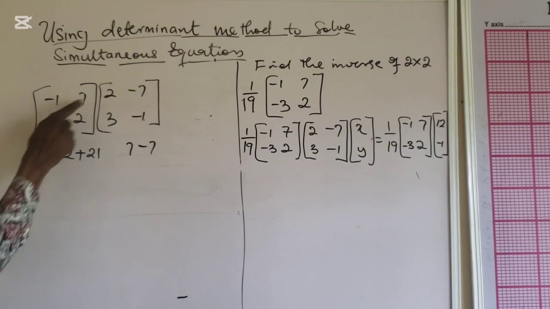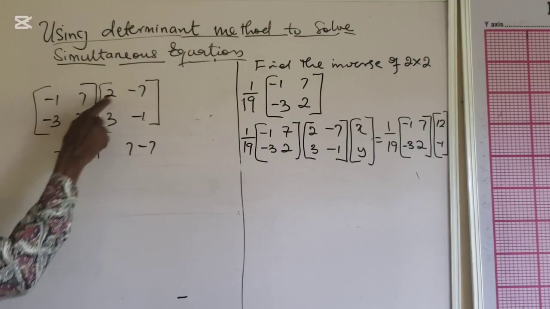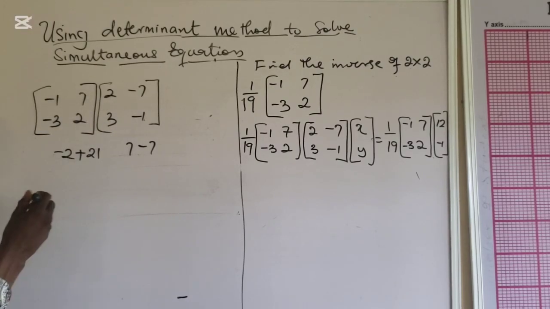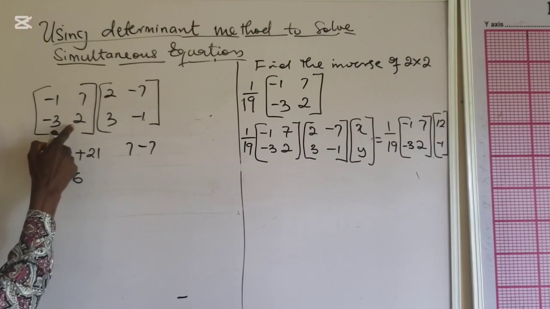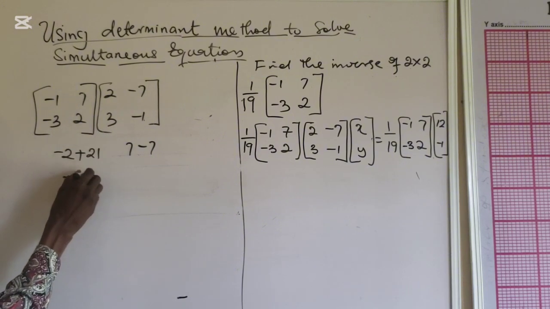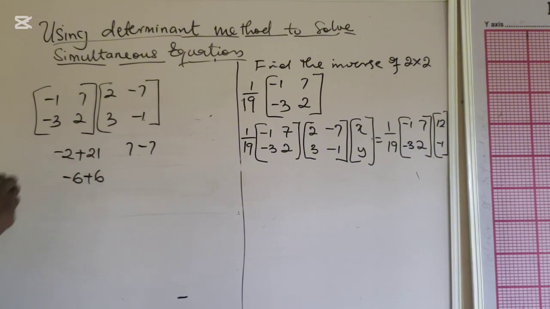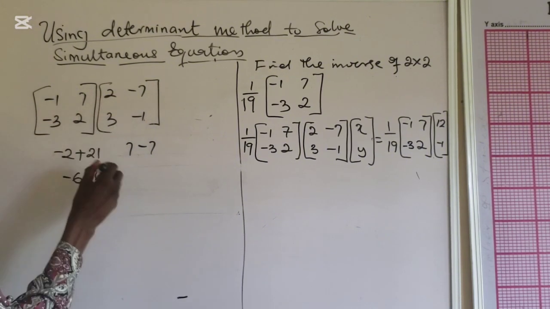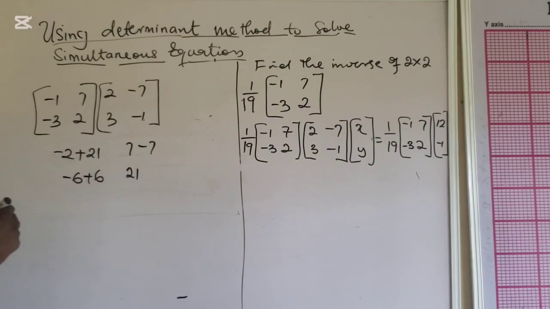Now I'm done with that. Use the second row to multiply the first column. Minus 3 times 2 gives us minus 6, then 2 times 3 gives us plus 6. The same thing, minus 3 times minus 7 gives us 21.